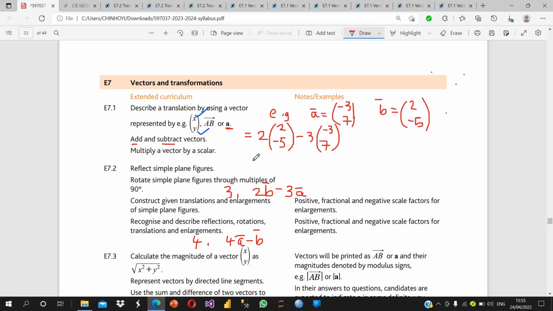Right, so first thing we need to multiply. This 2 is multiplying this one. So we're going to say 2 times 2, you're going to get 4. 2 times negative 5, you are going to get negative 10.